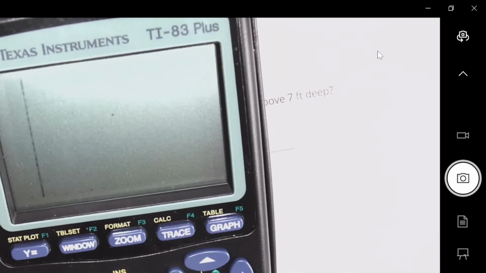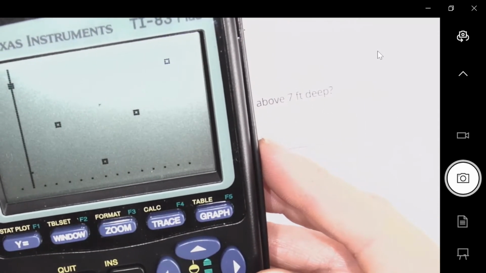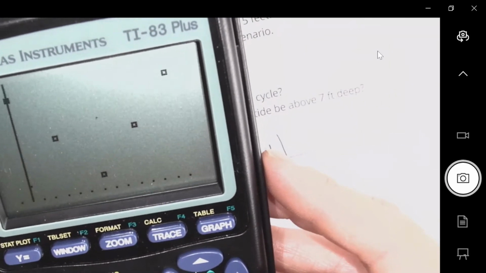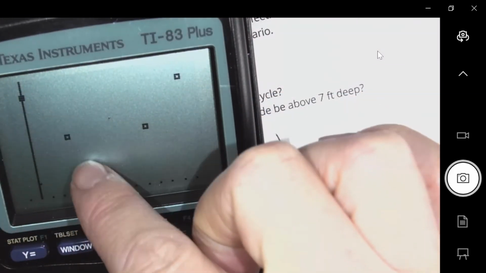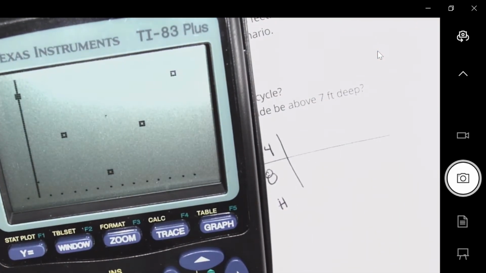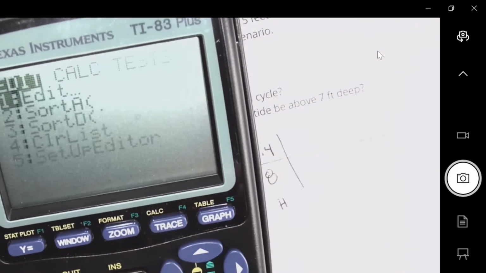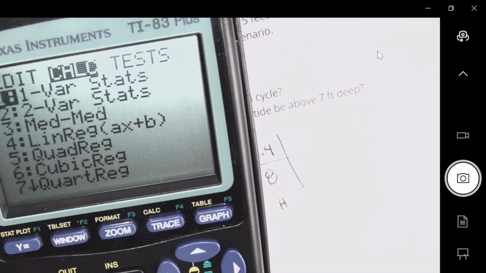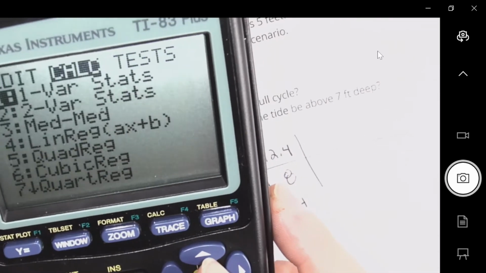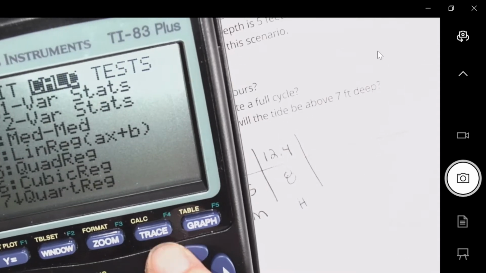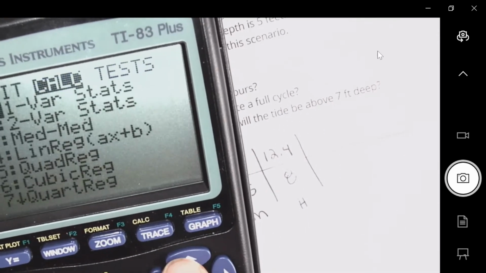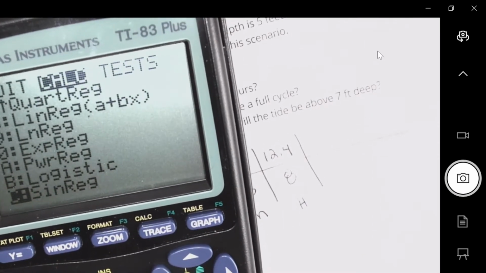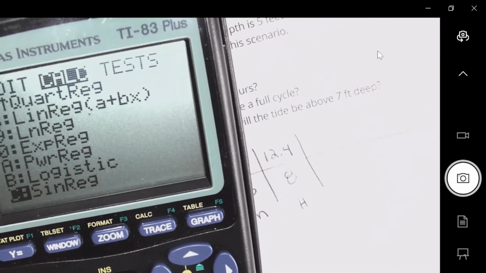Zoom 9. Zoom 9. So there's the tide of the water. It's up, it goes down, comes back up, right? Stat, calculate. These are all the same steps. Stat, calculate, all the way at the bottom. So I actually put my arrow up, because when you put your arrow up, it goes to the bottom of the list.